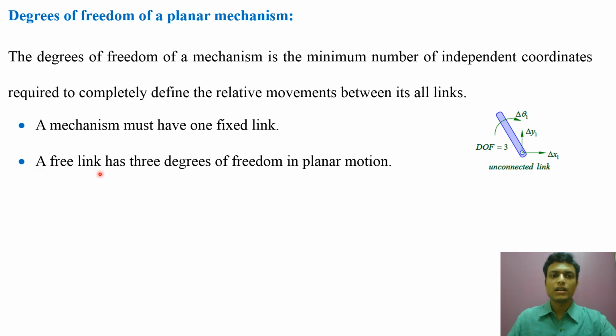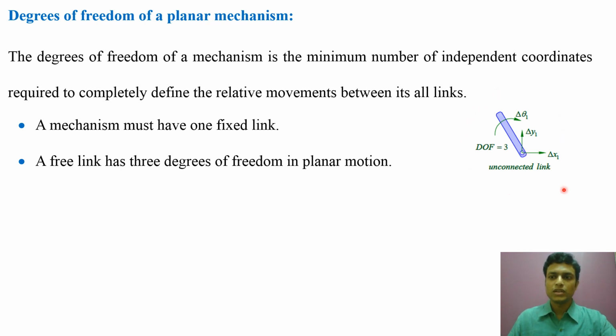So a free or unconnected link has 3 degrees of freedom. What are the independent coordinates? That is delta x1, translation along the x direction, delta y1, translation along the y direction, and delta theta 1, the rotation about the z axis, which is the axis perpendicular to the plane of motion.